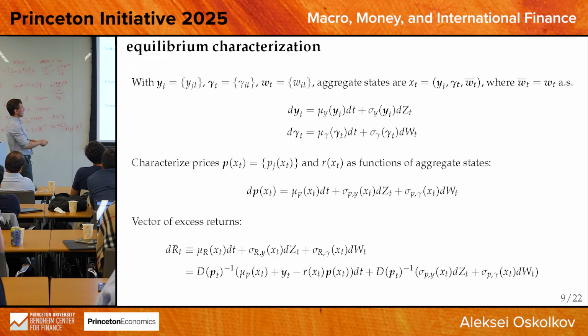And we need to characterize the prices of risky assets and the risk-free rate. So for the prices of the risky assets, I'm just going to define here the drift in those prices and the loadings on the two types of shocks. And the excess returns in this economy are defined as this deterministic part plus this stochastic part. So what's in the deterministic part? The deterministic part of excess returns is the drift in prices, expected capital gains, plus dividends.